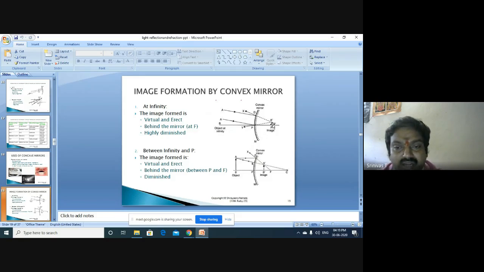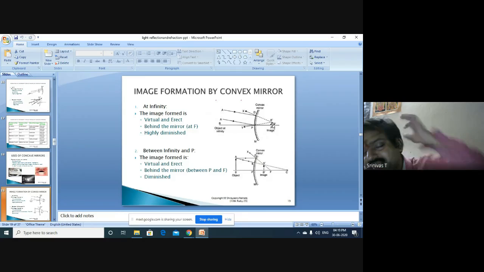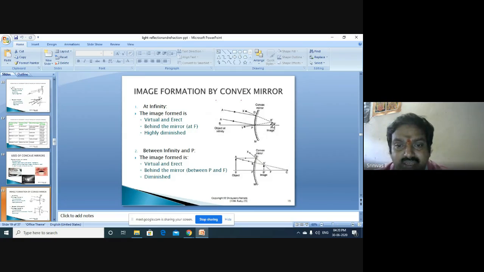Notice what else we have: it is highly diminished. Obviously the object at infinity is very large in size, and so the image is highly diminished. Now the case between infinity and pole. This is the pole, the geometric center of the mirror.